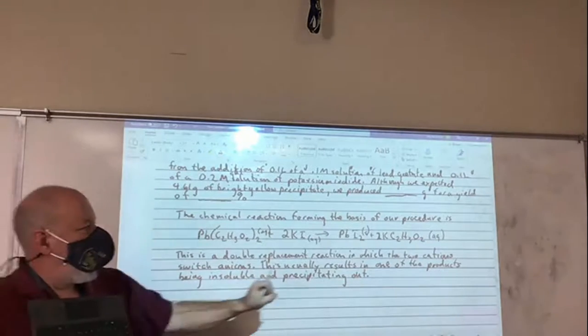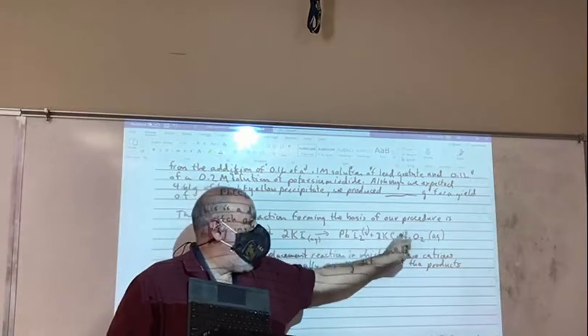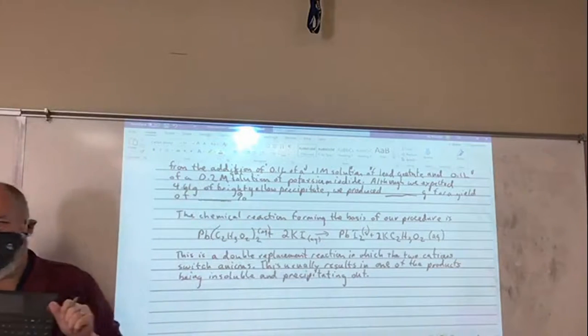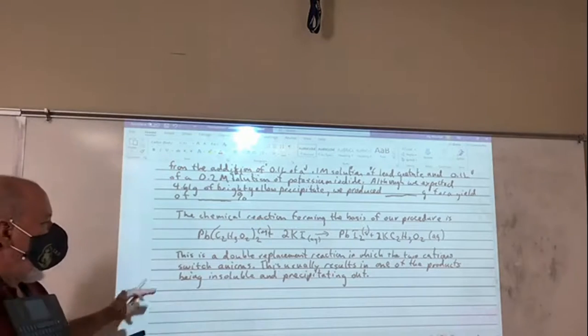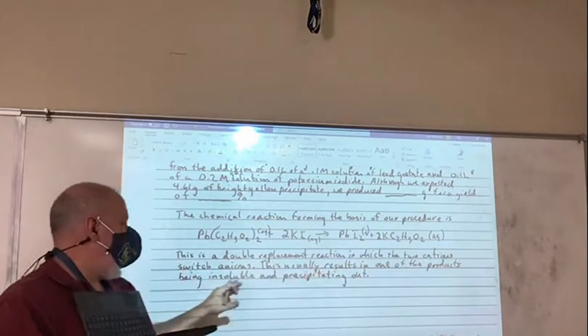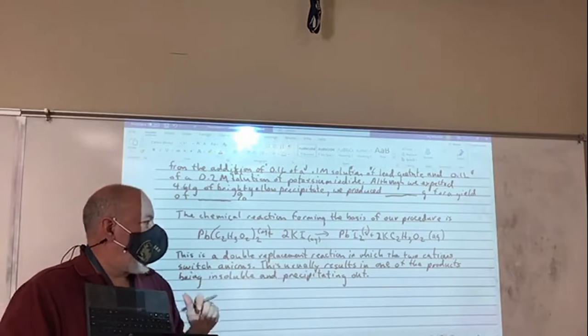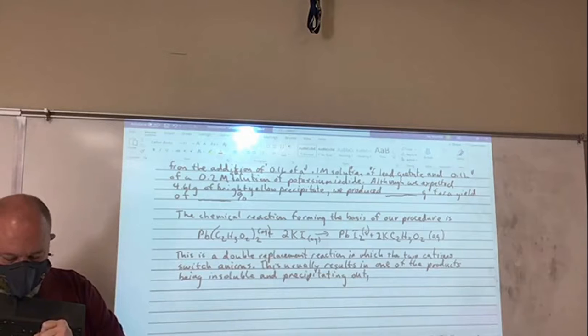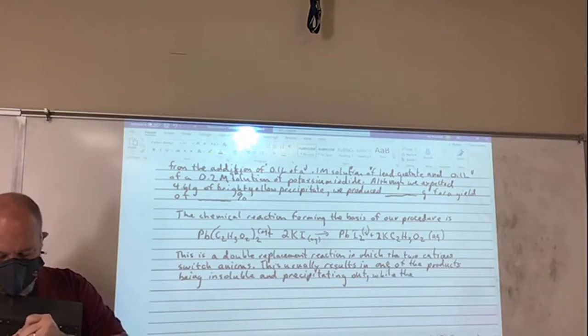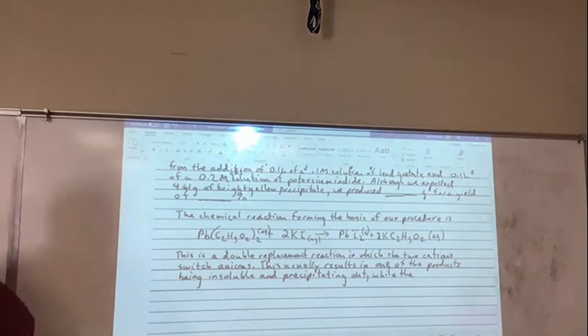What happens to the other substance? Stays dissolved, right? It stays in solution. Okay? This usually results in one of the products being insoluble and precipitating out, while the other... If you wanted to, could you precipitate the other one out? It wouldn't work.